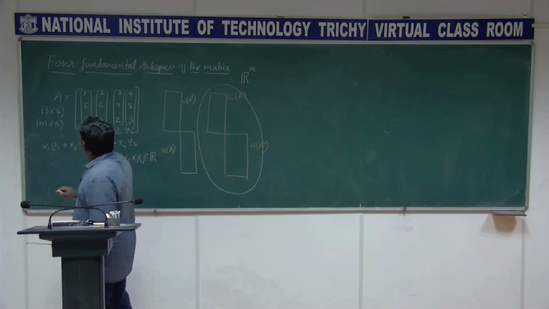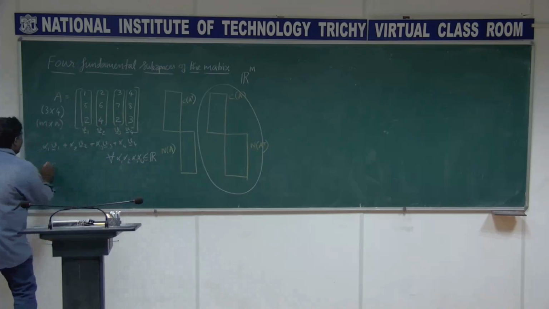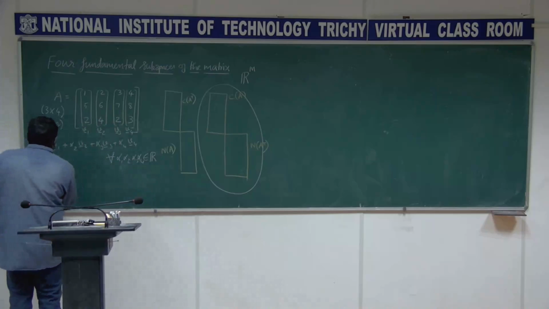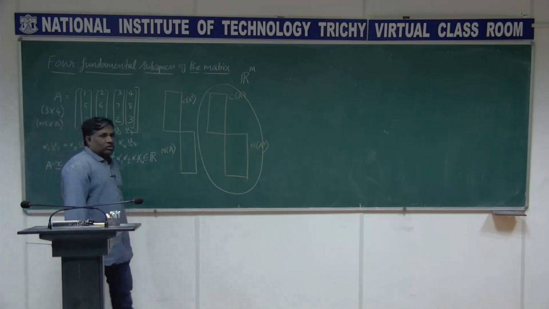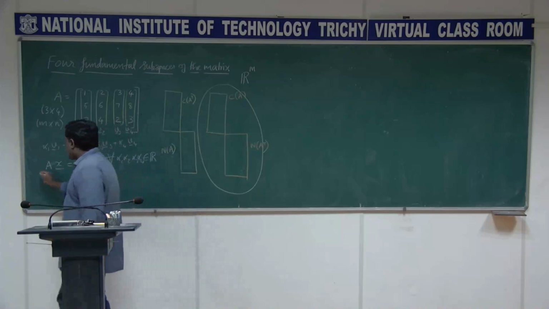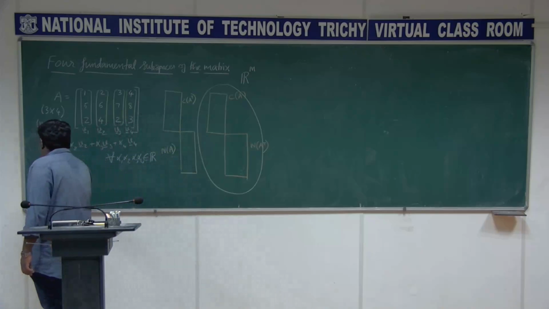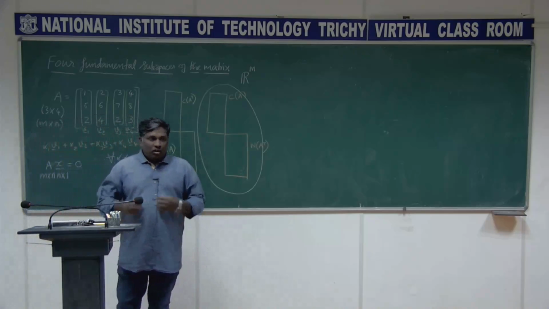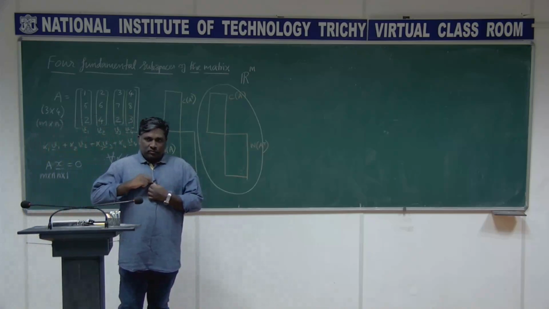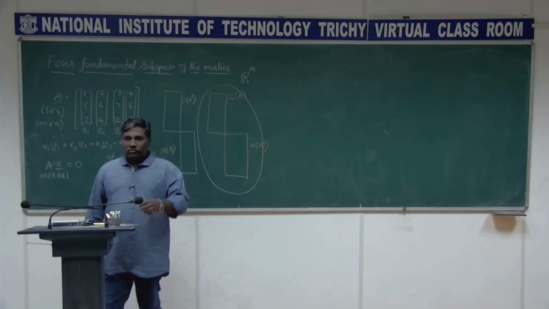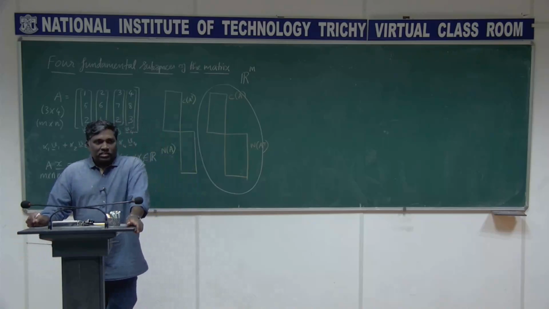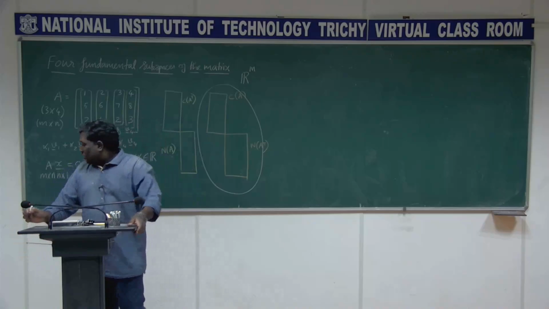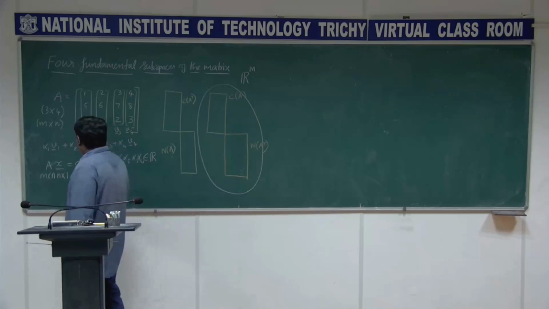And now we can think of Ax equal to 0. This A is of size m cross n, and x is n cross 1. The set of all vectors x such that Ax equal to 0, satisfying this condition, forms a space.